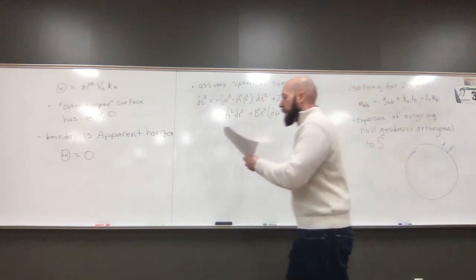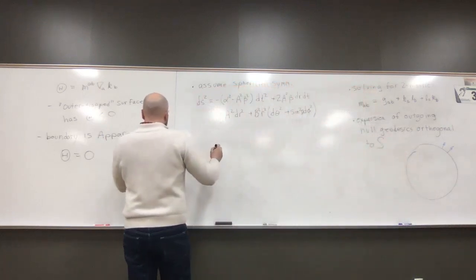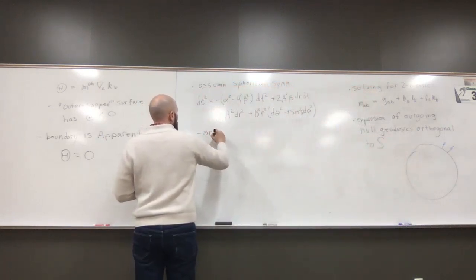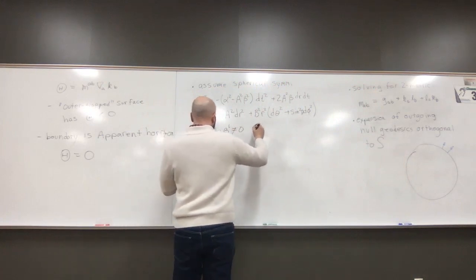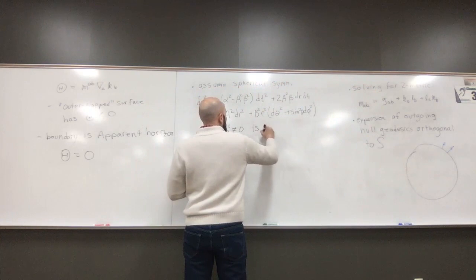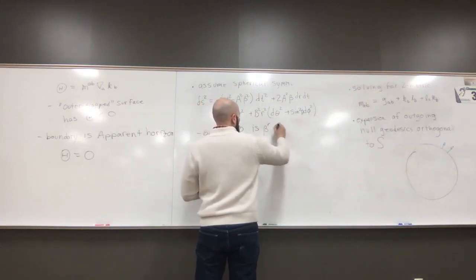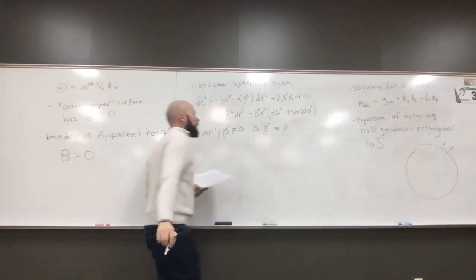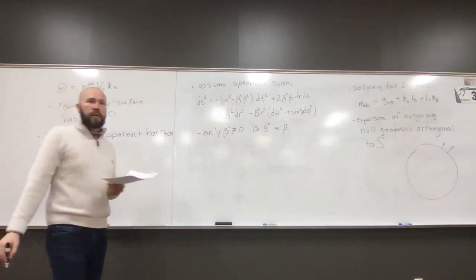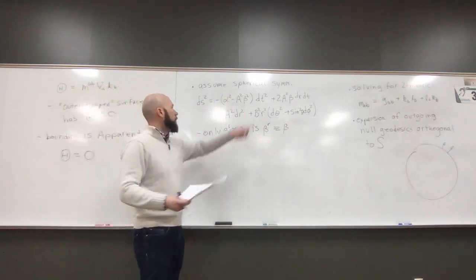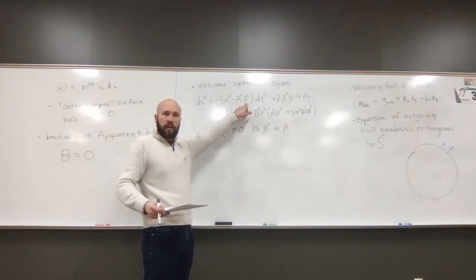Right. So now in spherical symmetry, the only element of the shift vector that's not equal to 0 is the radial shift. And so I'm just going to call that scalar beta, because all the other components are 0. And so that's what I've done here by dropping the indices on my shift vector.